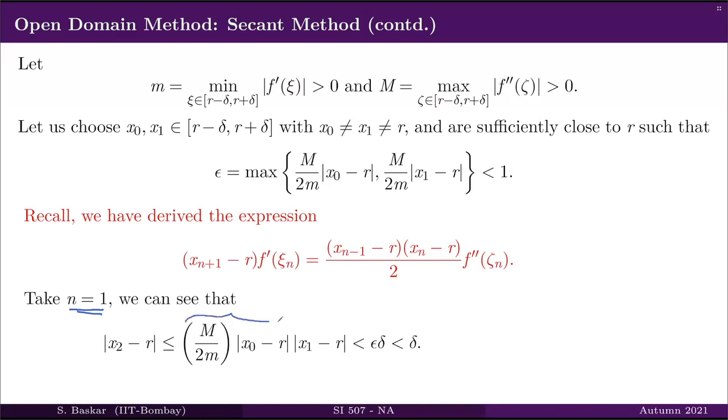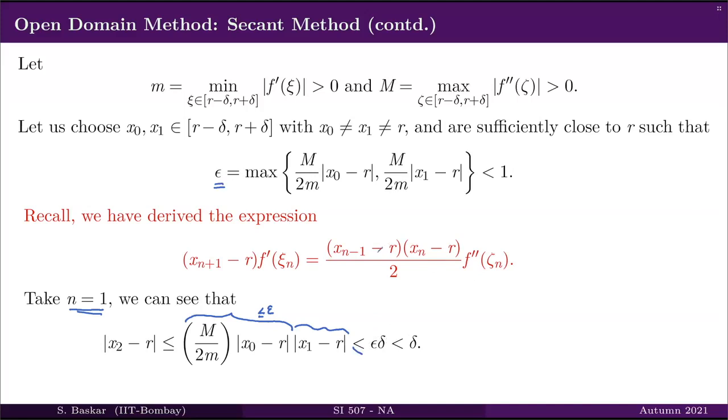Here I'm using the fact that this term is less than or equal to epsilon, and this term, since I have chosen x1 from the delta neighborhood of r and it is pretty close to r, in fact you can put here less than or equal to, and that gives me epsilon into delta.